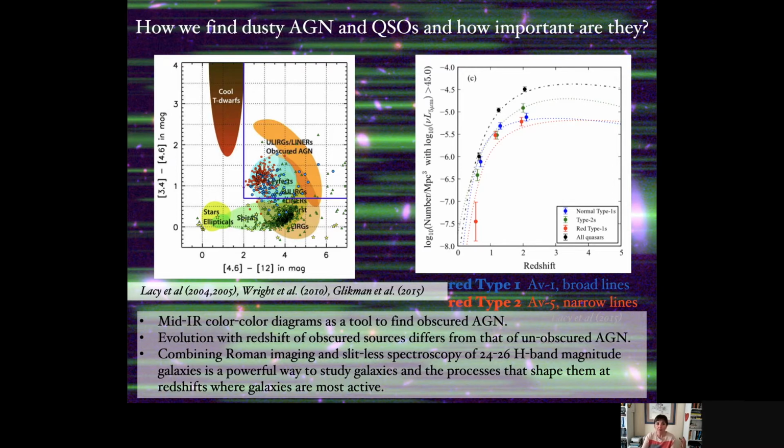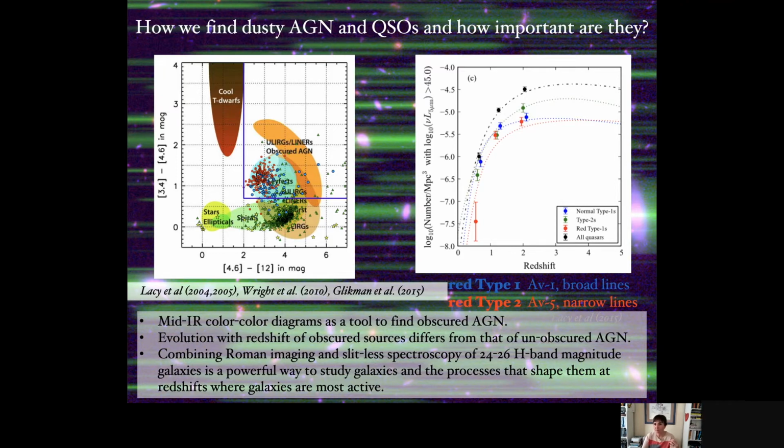So on the left, you have such an example of color selection criteria that allow you to pick the warmest gas and dust and differentiate from other kinds of galaxies, those that may have an AGN.